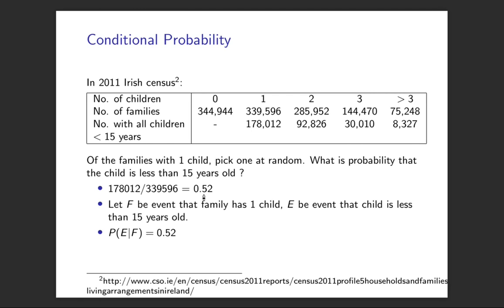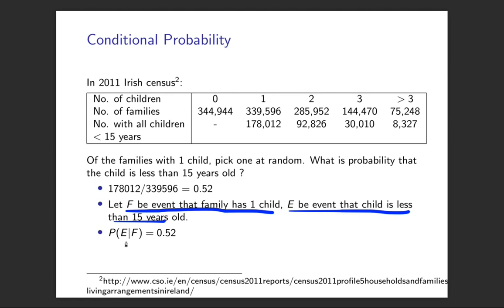Now let's ask a slightly different question. It's the same question, but asked in a slightly different way. Suppose F is the event that a family has one child, and E is the event that the child is less than 15 years.